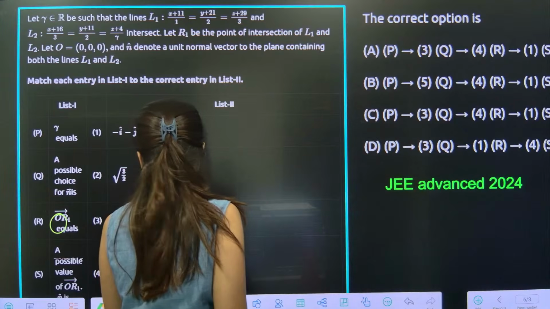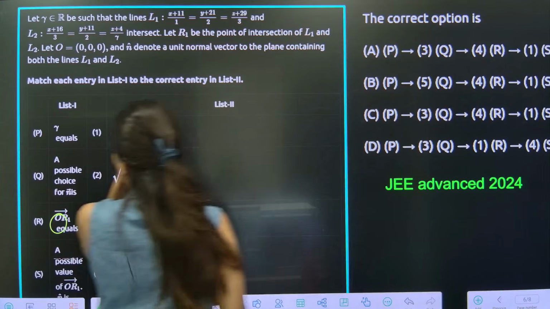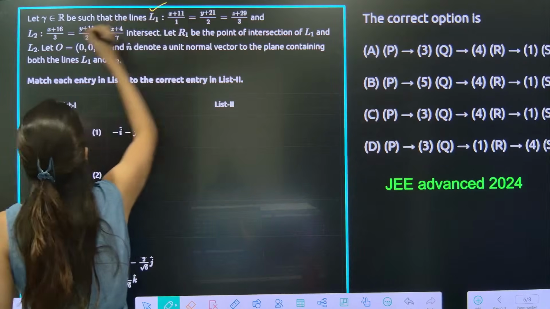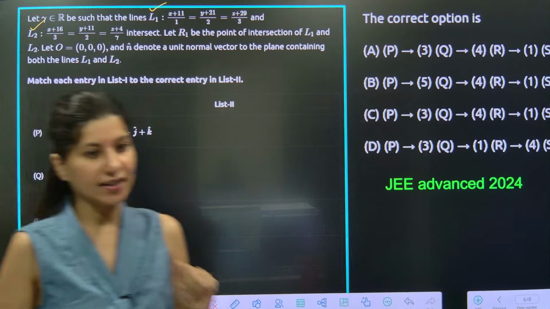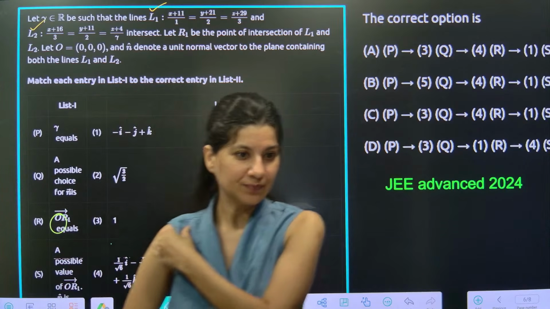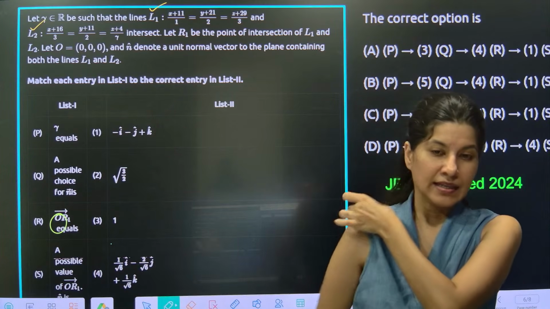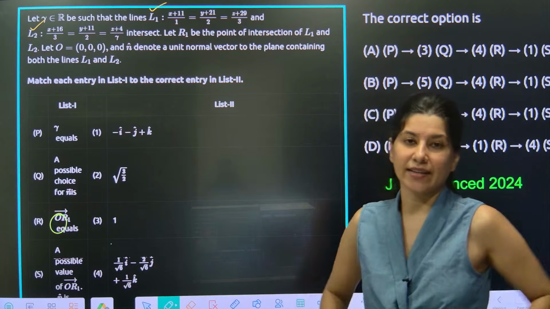So L1 line is given, L2 line is also given, correct? And these two lines intersect.